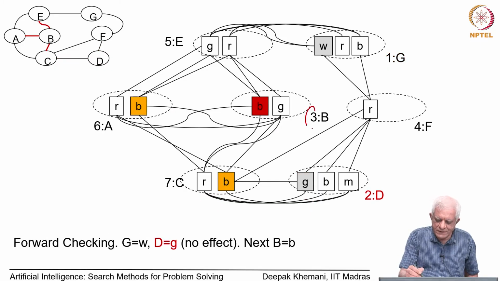Now we move to the third variable and we choose the first value there, and as you can see, we will end up deleting these two values because they are not consistent with the value of B that we are selecting.